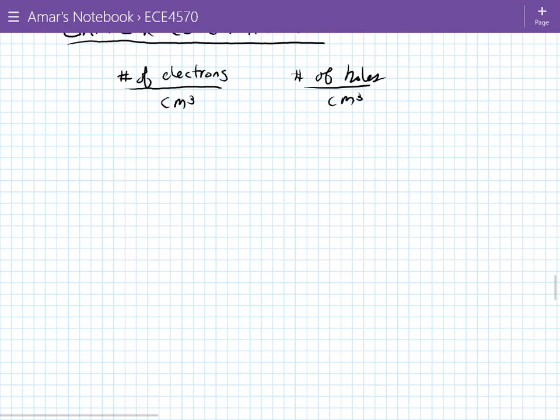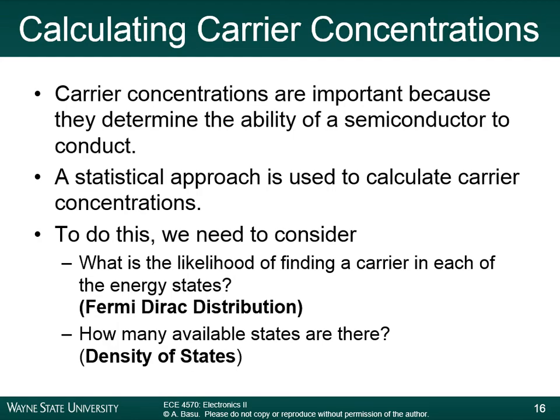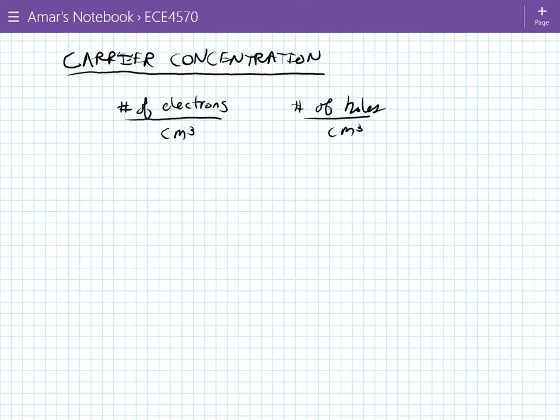Now, I'm going to give you an analogy for how we calculate carrier concentration. Imagine that we have a parking lot. Parking lot analogy.